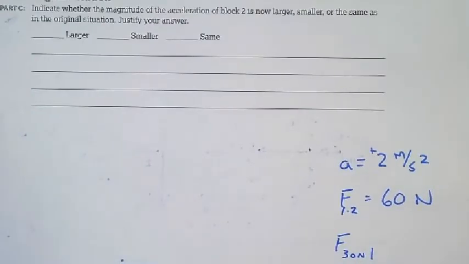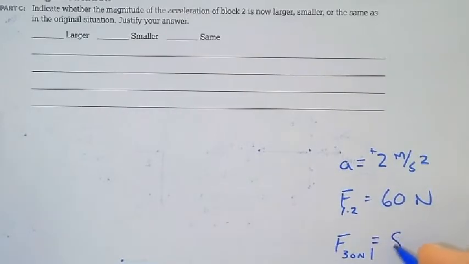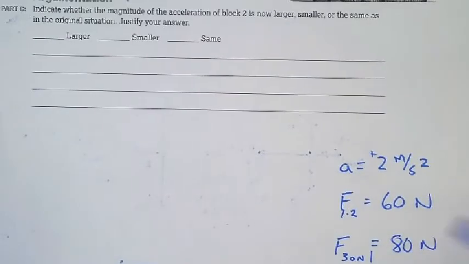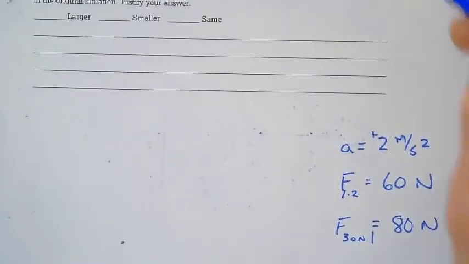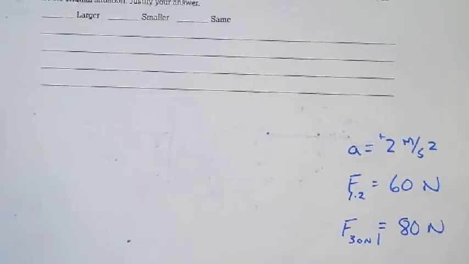See if you can do that. Okay? And I'll tell you what the answer to that is. That's going to be 8... wait, let me think about this for a second. 80 newtons. 3 on 1. Let me just do some mental math on that. Yeah, so that should be 80 newtons. So you confirm that, guys, okay?